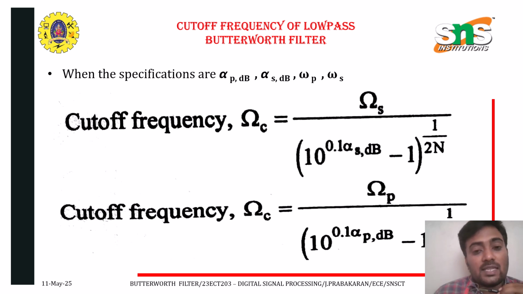the specification alpha p in terms of decibel: passband attenuation is represented as alpha p, stop band attenuation is represented as alpha s, omega p is the passband digital frequency, and omega s is the stop band digital frequency.